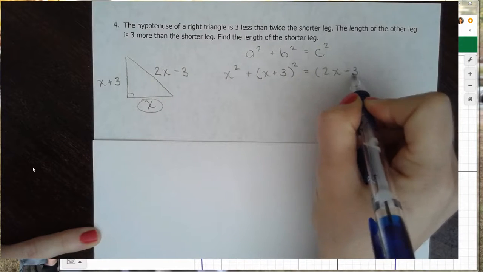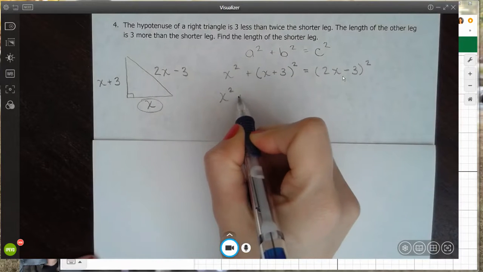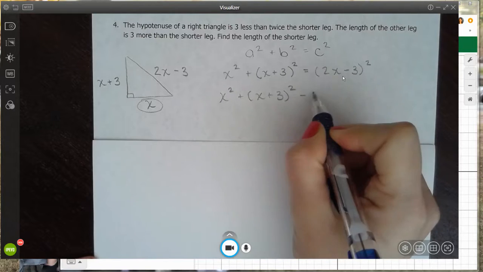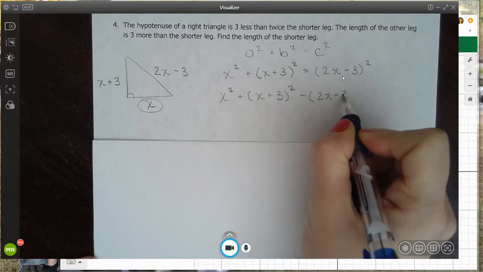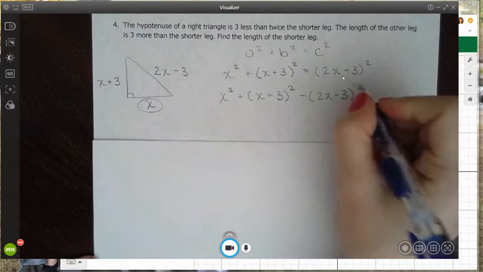Same thing with the hypotenuse. I'm going to set this up so that, and I know it looks weird, believe me, I do. Oops, it should be squared.